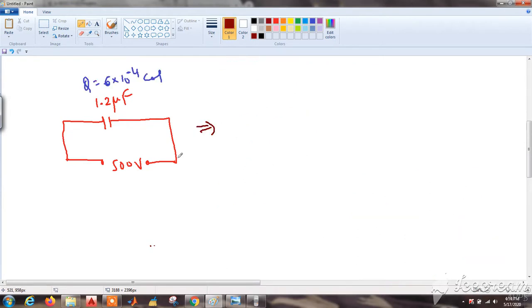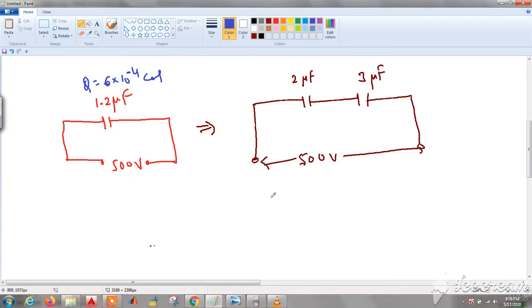Now let us go back to the circuit which was there before the 1.2 microfarad capacitor. The previous step before 1.2 microfarad was this, that is 2 microfarad and 3 microfarad capacitors connected in series. I already said that the charge stored in capacitors will be the same in series.